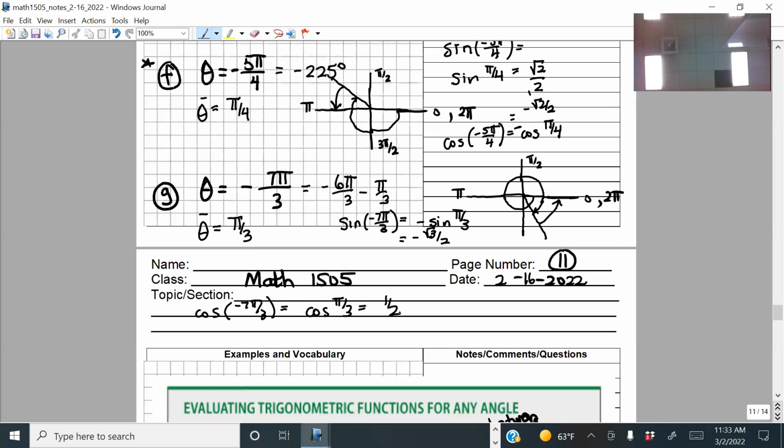What if I gave you a weird angle like this, and I ask you to find the reference angle? So suppose I said theta is 5. What's the reference angle? Well, is it radians or what is it, Emil?